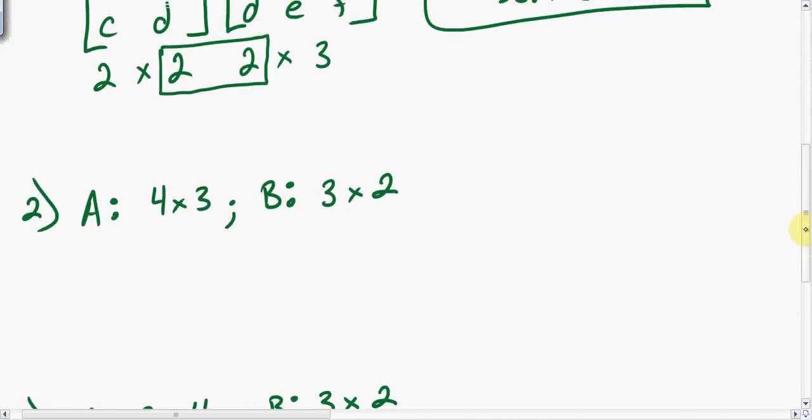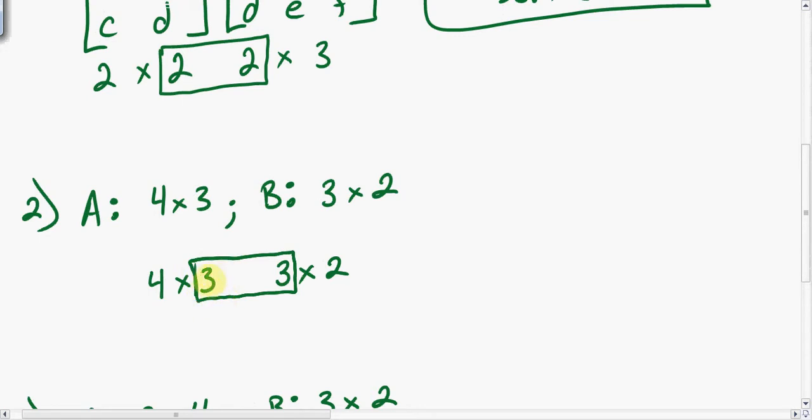Number 2. Here we don't have an actual matrix, they're just giving us the dimensions. So we see the dimensions of the first matrix, which is 4 by 3, 4 rows by 3 columns. Our second matrix is 3 by 2, 3 rows by 2 columns. We're going to analyze these middle 2 numbers.